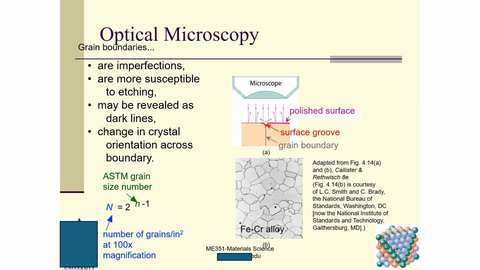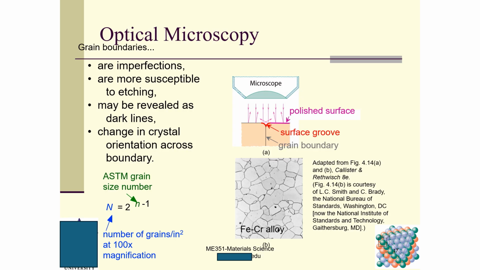So we can see the ASTM grain size number. These are the number of grains per square inch, and n equals the grain size number. Do you know what ASTM is?